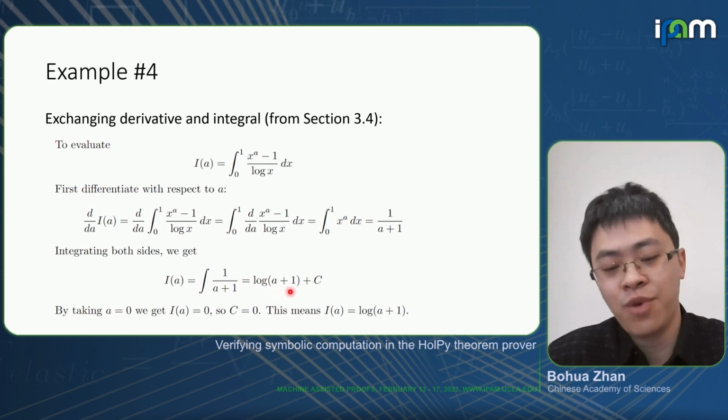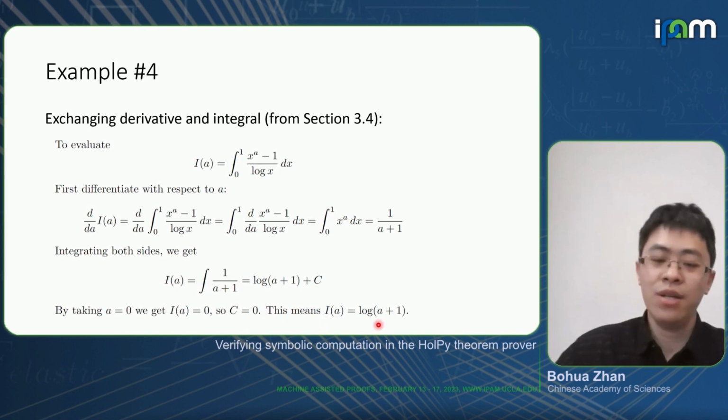So it's log of a plus 1 plus a constant. And then the trick is that we evaluate this equation on a particular value of a, which is a equals 0, to obtain that the constant must equal c. And this gave us the final answer, which is that I of a equals log of a plus 1.